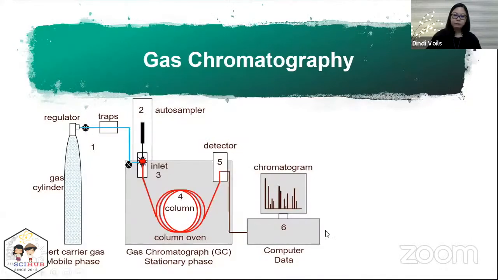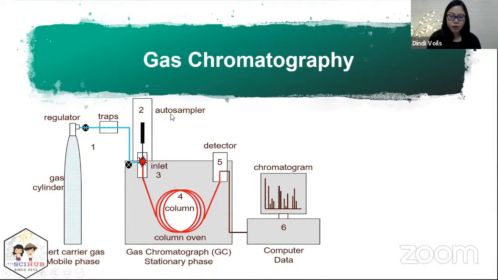So here's a schematic of GC. From the name itself, our mobile phase is an inert gas, normally helium, and then the helium gets filtered before it gets introduced into the GC system or into the column.